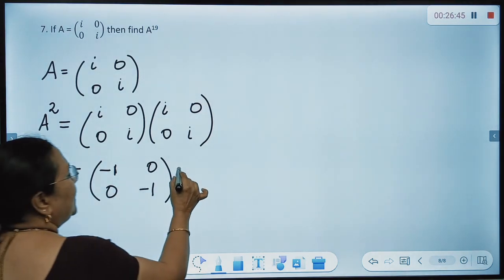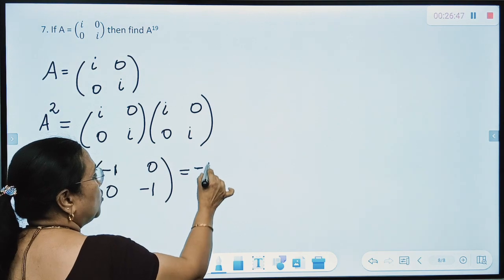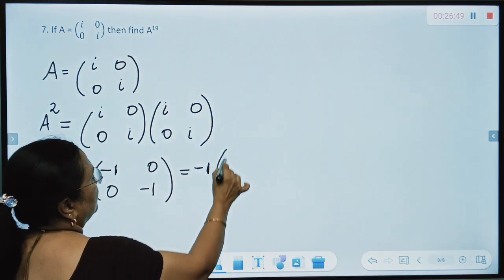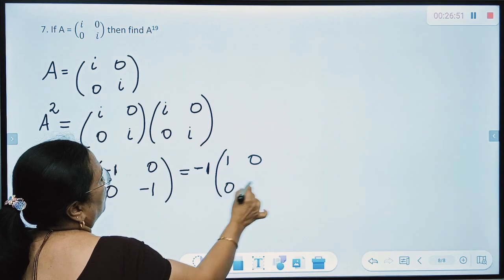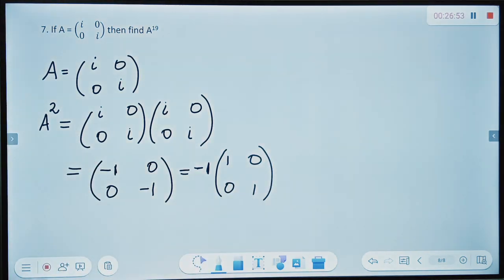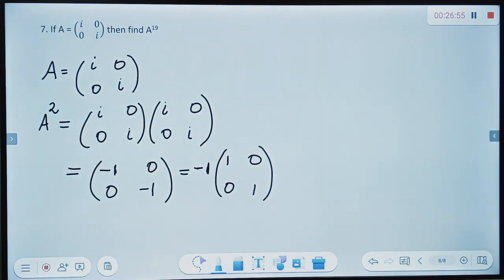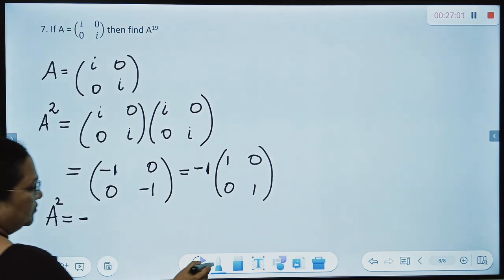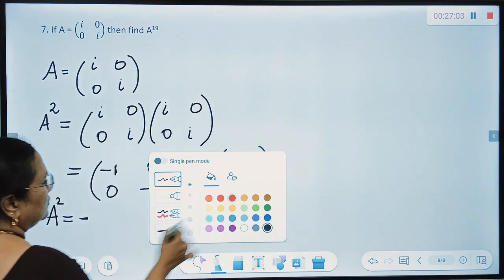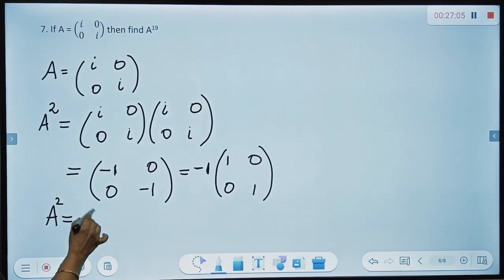So I can write it as minus 1 into, this is the crucial step, 1, 0, 0, 1. So minus 1 into identity matrix. Okay. So A square equal to minus 1 into identity matrix. Now what we want to find?